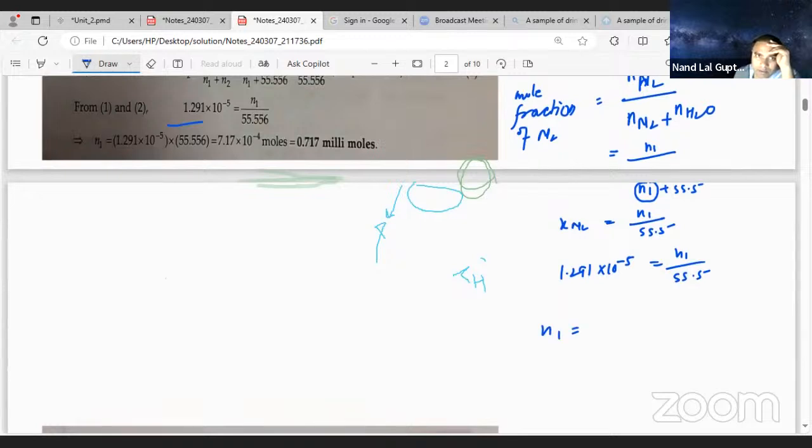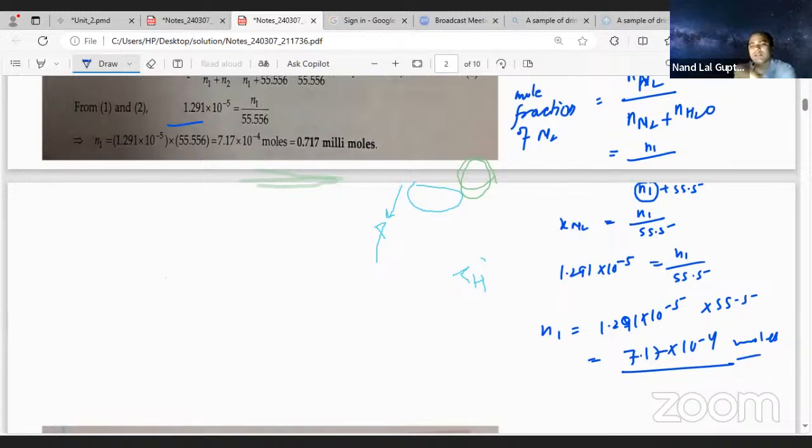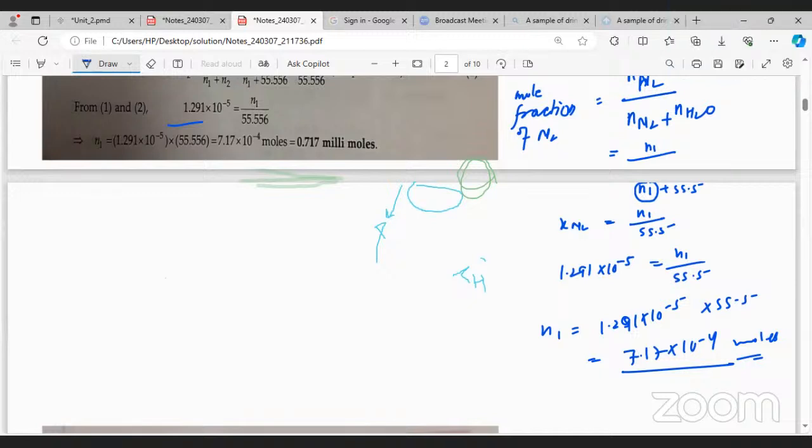If you multiply 1.291 into 10 power minus 5 by 55.5, it is coming 7.17 into 10 power minus 4 moles. Now they are asking to convert into millimoles. To convert into millimoles, what do we have to do? 1 mole equals how many millimoles? 1 millimole means 10 power minus 3 moles.